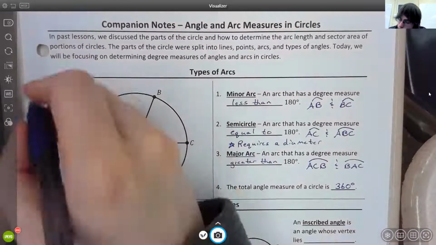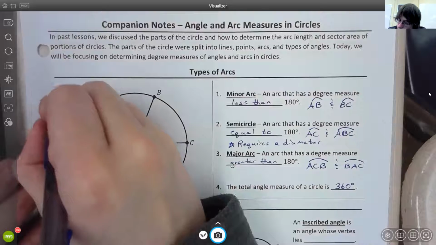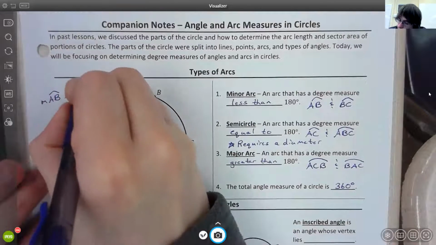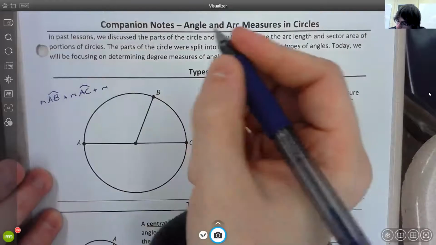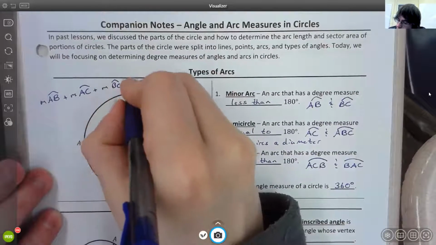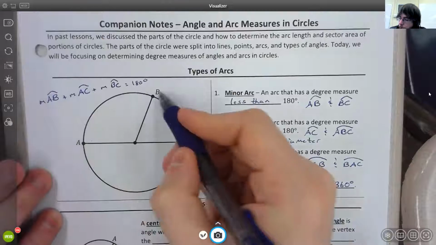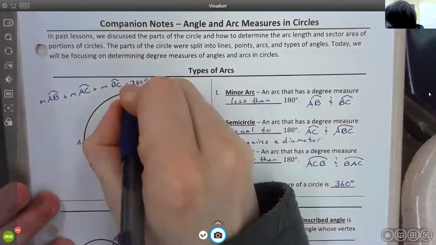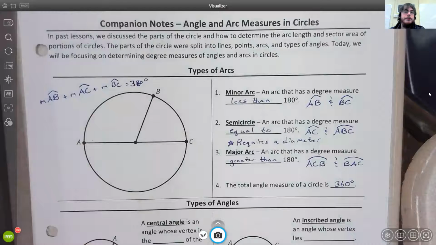So in this case, the measure of AB plus the measure of AC plus the measure of BC is equal to 180 degrees because those are our three different parts. Or not 180 degrees, I'm sorry, 360 degrees. Apologies. Okay, so those are the types of arcs that we talked about.